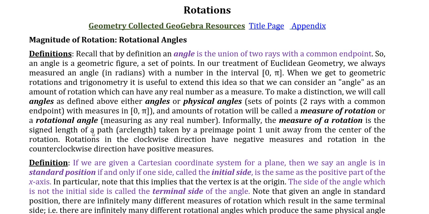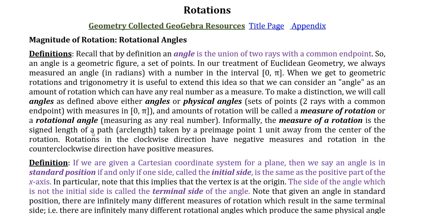And informally, we measure a rotation as the signed length of a path, an arc length, taken by a pre-image point one unit away from the center of the rotation, and basically you let it start moving around and tracing out some path.